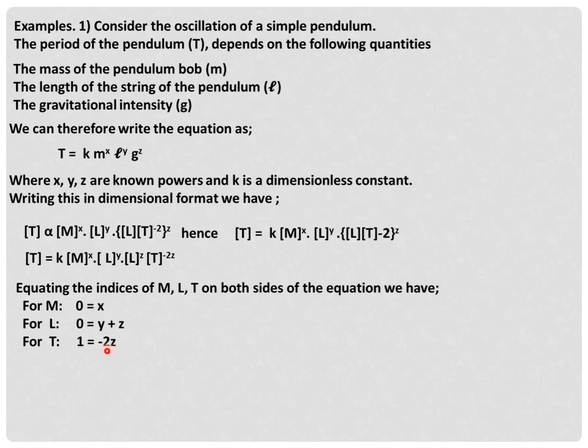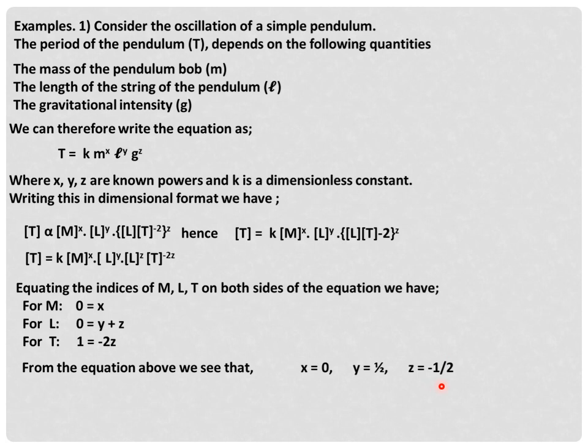Therefore, to have z, we divide both sides by minus 2, telling us that z is equal to minus half, because we now have 1 divided by minus 2, which is minus half.